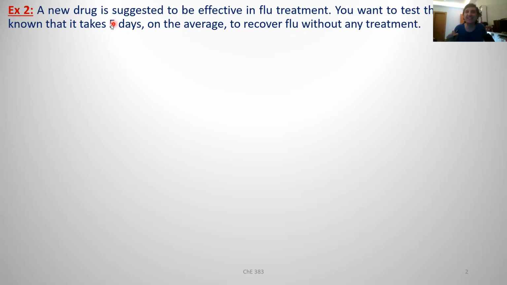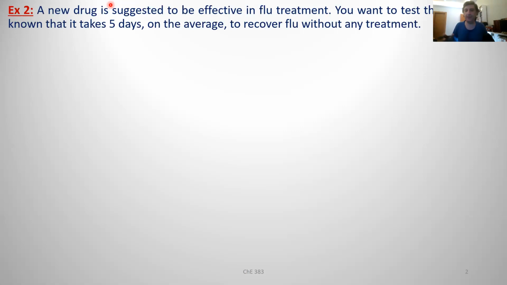There is a hypothetical population of people who have the flu but who do not use any treatment. And from that population, weighted with respect to their corresponding probability density function, it takes 5 days. The population mean is equal to 5 days.